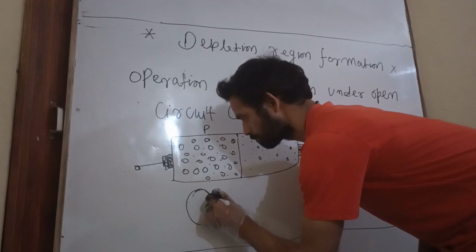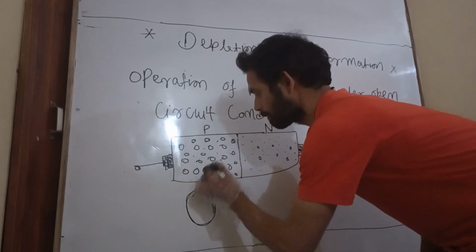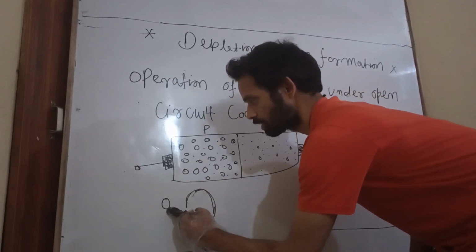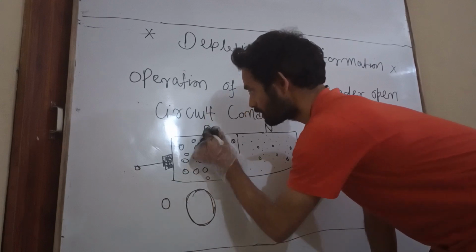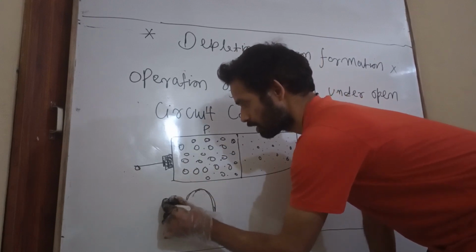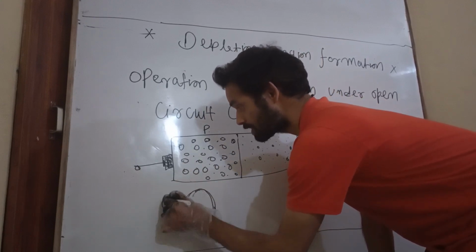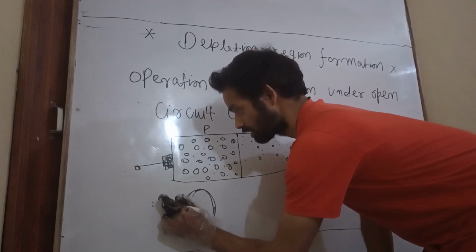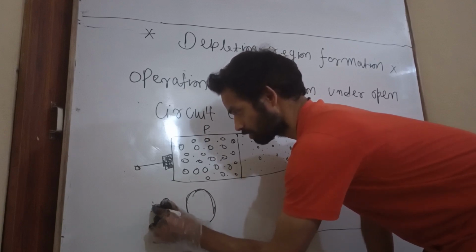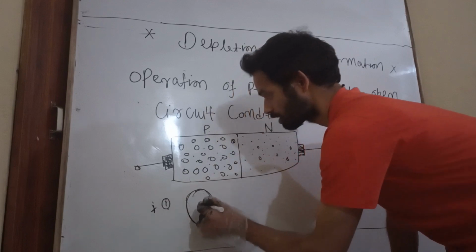The P region has empty states, which are positively charged empty states.